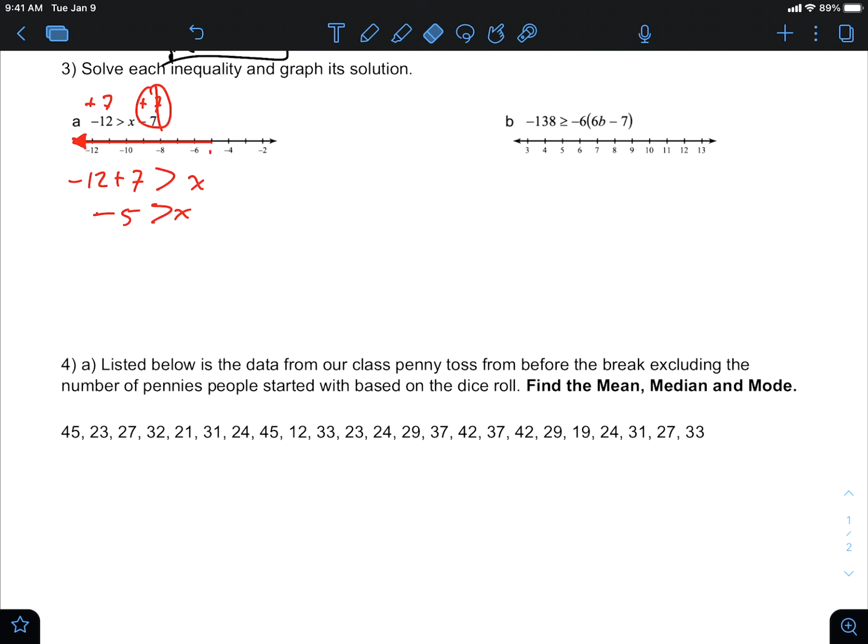So you don't write it as a colored in dot. You write it as an open one. And you're done. That's what it means to graph that. And conveniently, we will see a different kind of boundary on the other question. So, does anybody have any questions with that? All right.